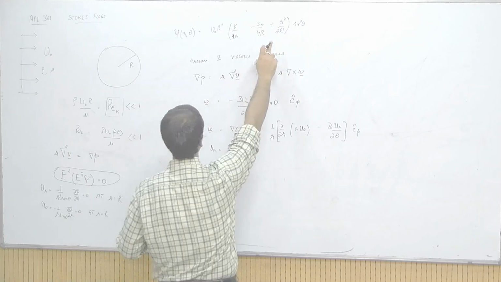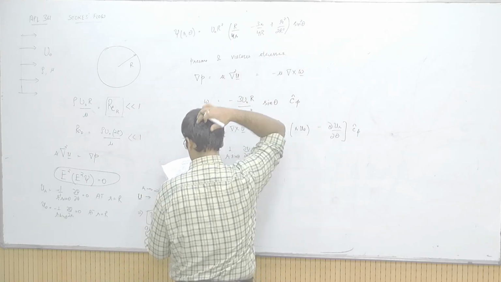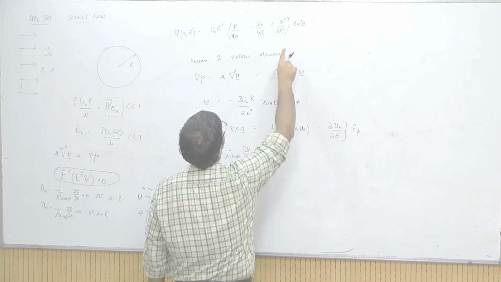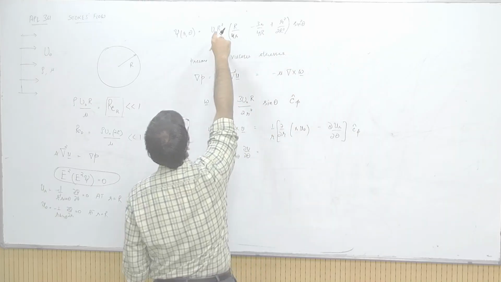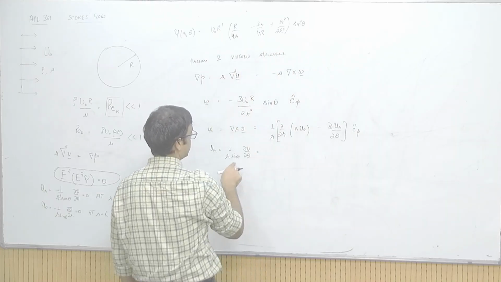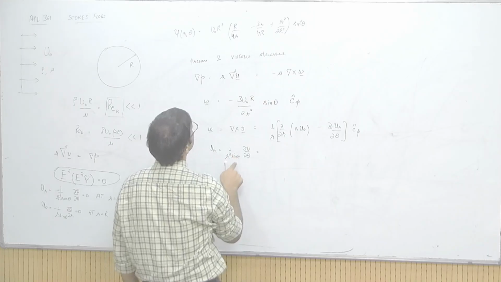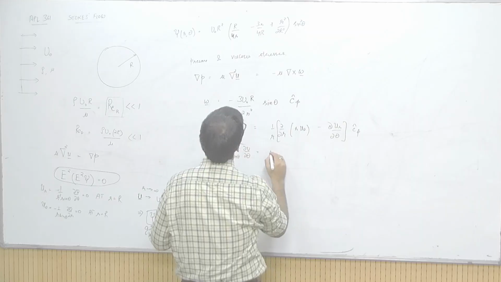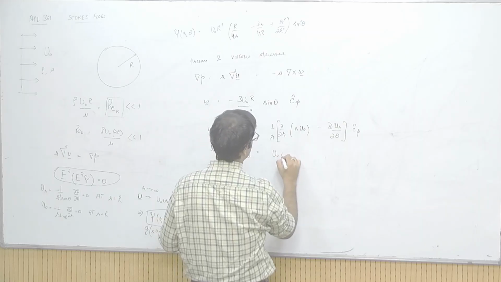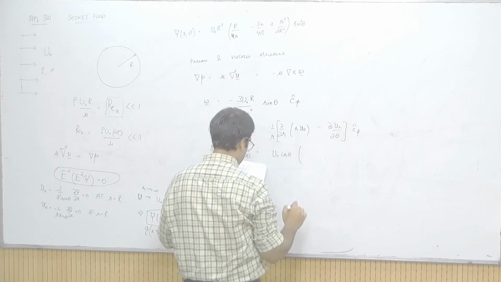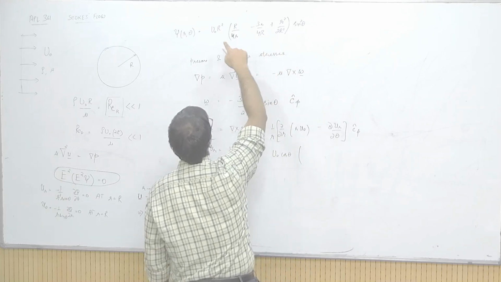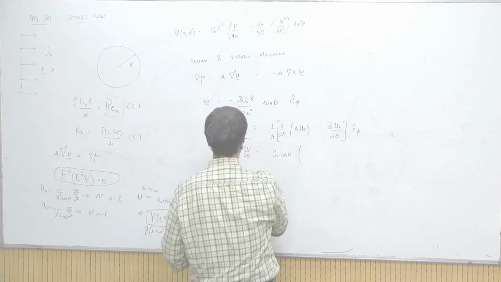So if we differentiate the stream function with respect to theta, we'll just get a 2 sine theta cos theta, and sine theta will cancel out. There is an r square which will also cancel out. So the velocity will simply be u naught cos theta, and then I can take this capital R square inside and a small r square inside.